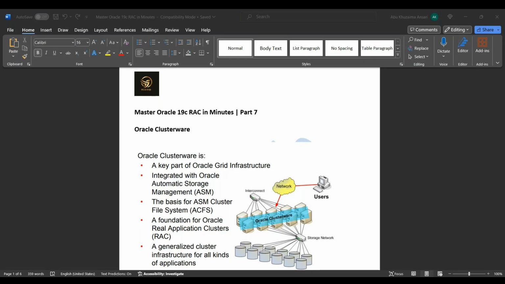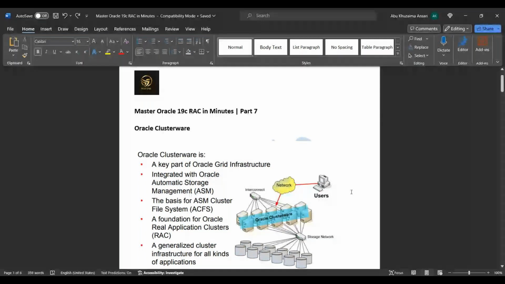In this diagram, you can see that Oracle Clusterware is managing all the servers which are connected through a network, and they are connected through a switch, and then through the network to the storage. So this is all about Oracle Clusterware.